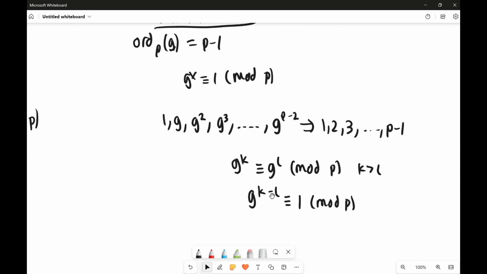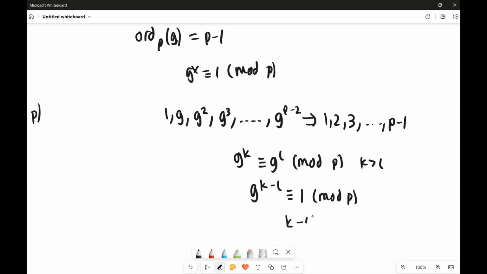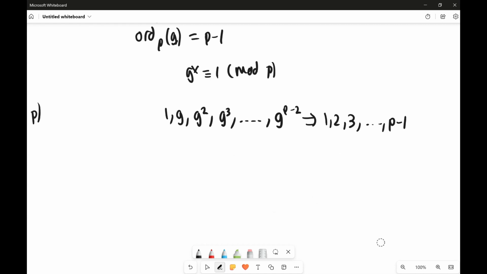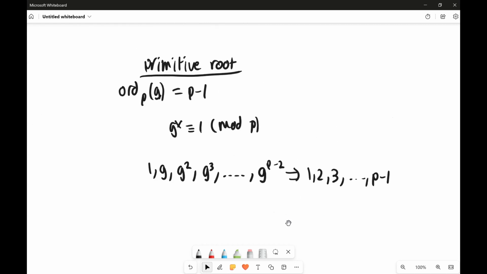But this means that the order of g with respect to p must divide k minus l. So p minus 1 must divide k minus l. But this is impossible because k and l are always among these integers. So that results in k equals l. And hence g actually generates the whole list. And for this very reason, primitive roots are also called generators.